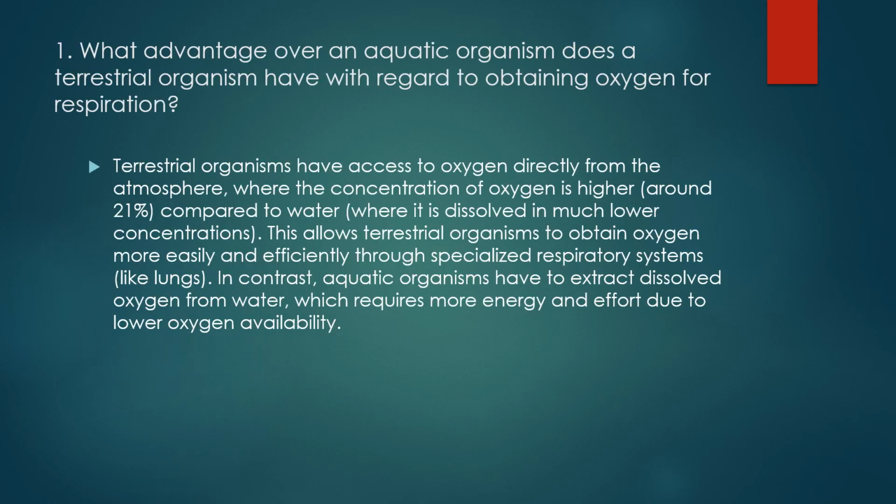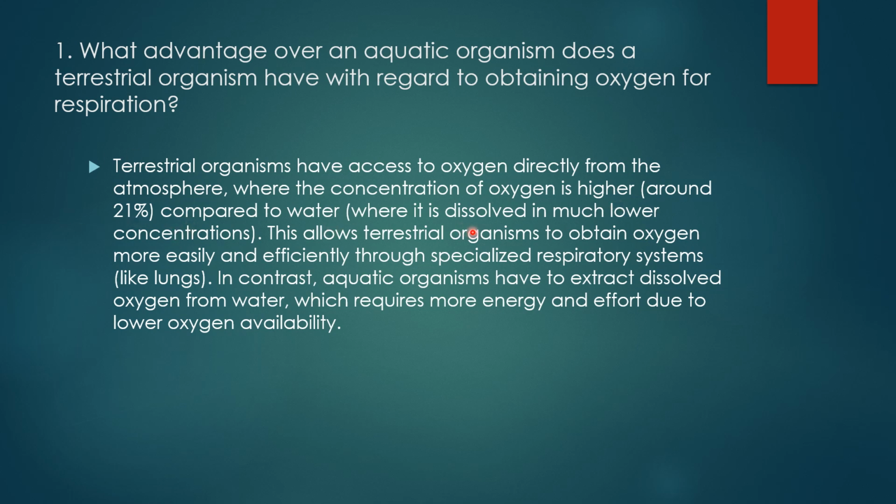So the first question is, what advantage over an aquatic organism does a terrestrial organism have with regard to obtaining oxygen for respiration? Terrestrial organisms have access to oxygen directly from the atmosphere, where the concentration of oxygen is higher. How much is it? Approximately 21%.